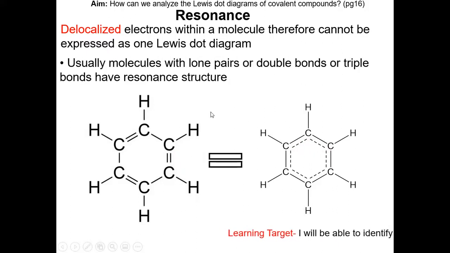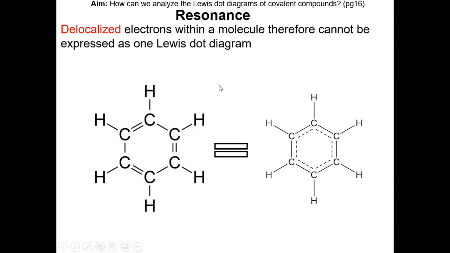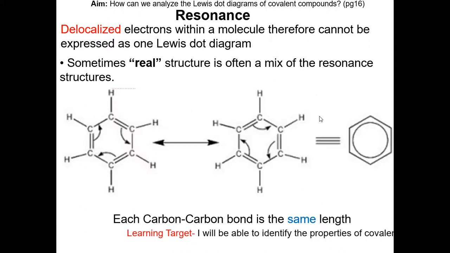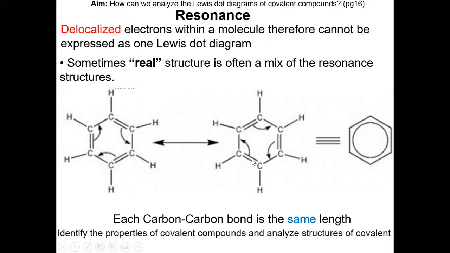Molecules with lone pairs or double bonds or triple bonds usually have resonance structures. The real structure is often a mix of the resonance structures, because it is difficult to draw the actual Lewis dot diagram with the electrons moving around within the molecule. So sometimes people draw benzene as a hexagon with a circle in the middle to indicate the resonance.